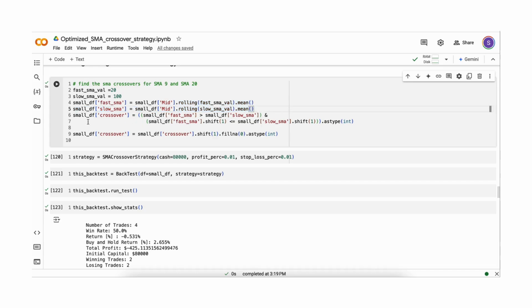Then you want to do two things. As I suggested previously, you want to know what happened in this candle: the fast moving average is larger than the slow moving average. Then we want to see if the fast moving average was less than or equal to the slow moving average in the last candle, for which we use the shift function.